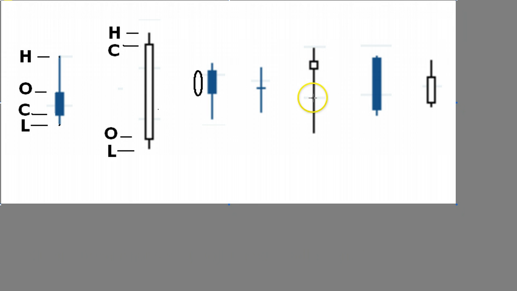After opening, it has gone down and then bounced back and closes at pretty much the same value as the open price in this particular candle. This is an example of a strong negative candle wherein it opens near the high value, then sees strong selling and closes near the low value. This is a positive candle but not a strong positive candle.